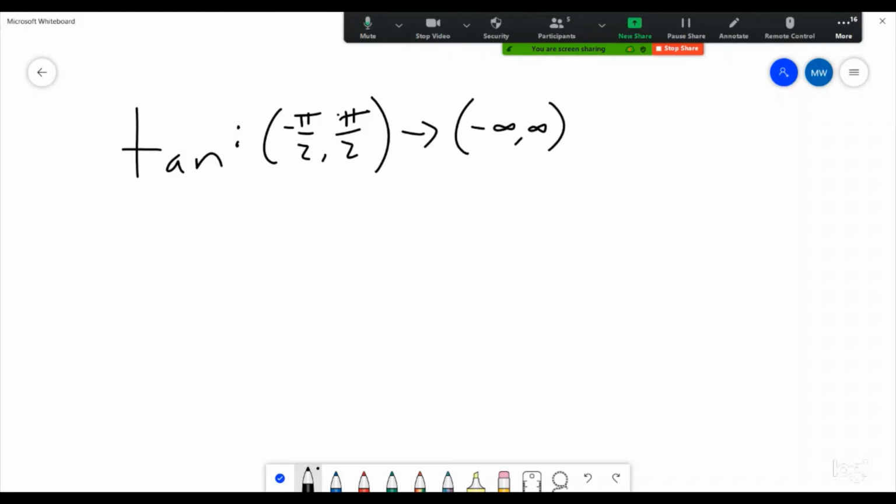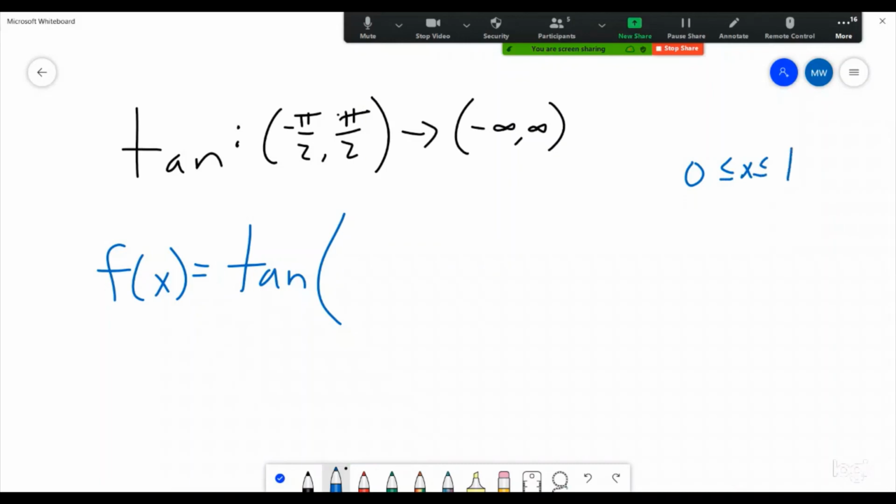So if you can modify this interval to make it work, then if you defined f of x to be equal to tangent of, because x is from 0 to 1, pi x plus pi over 2 or something like that?